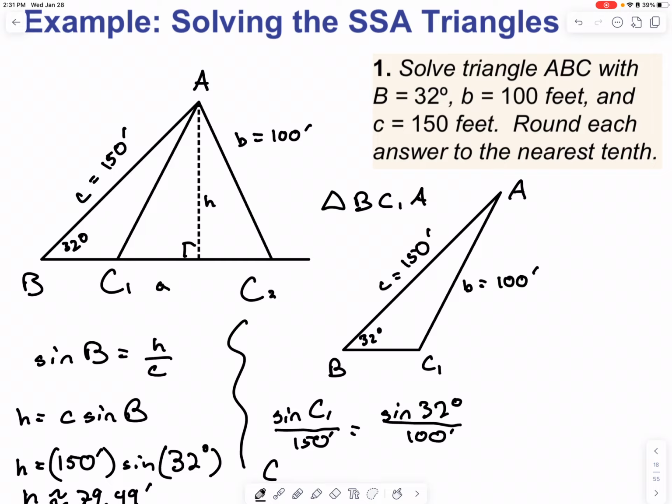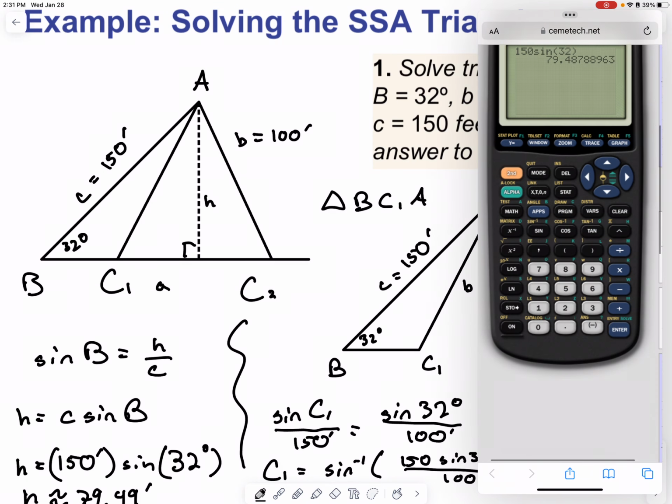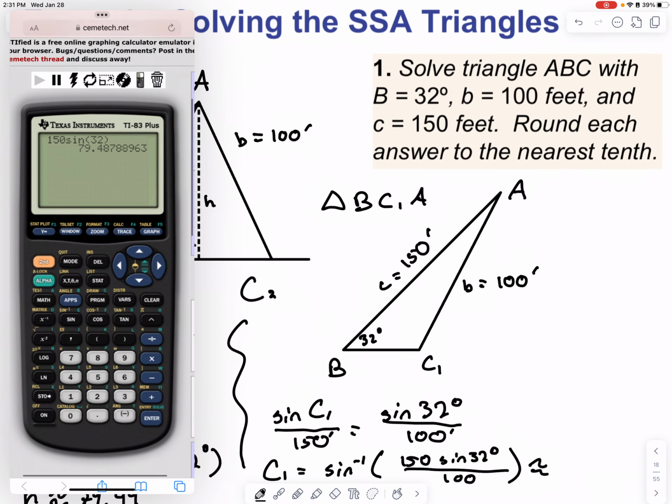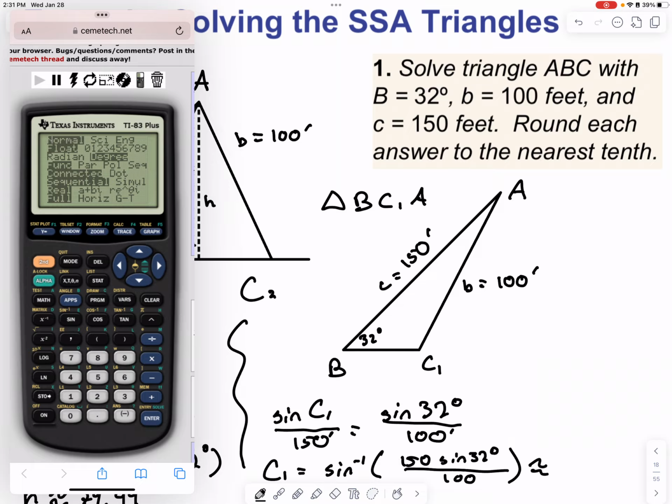So it looks like angle C1 should be the arc sine of 150 times the sine of 32 degrees over 100. Let's just use our calculator. I think there's some other nuances there, but we'll catch them as they arise. Let's make sure we're at least in degrees.